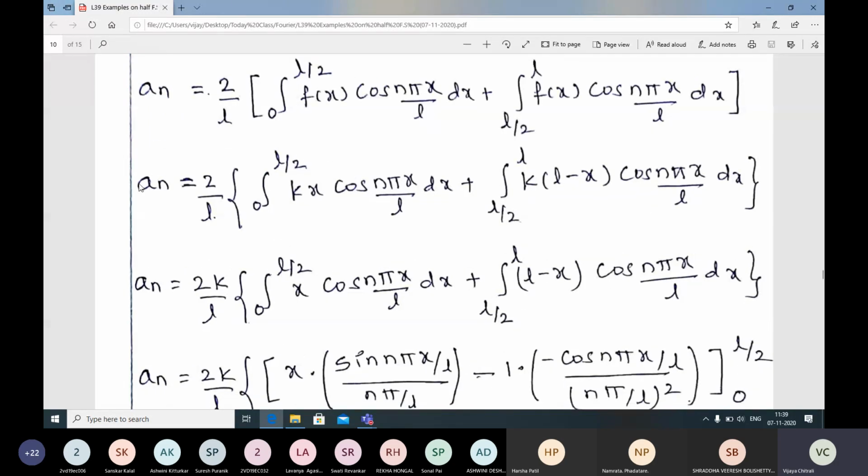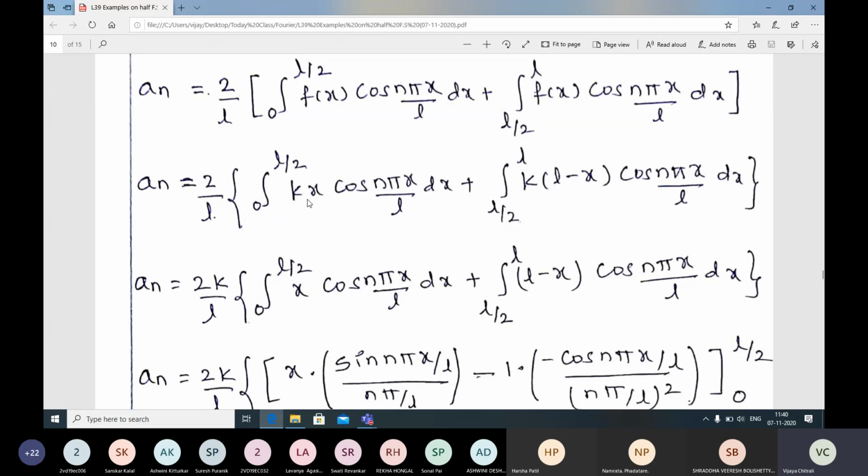So next step will be an is equal to 2 by L integration from 0 to L by 2 kx cos n pi x by L dx plus integration of L by 2 to L, and in this interval we have function as k L minus x cos n pi x by L dx. So integrate this with respect to x.